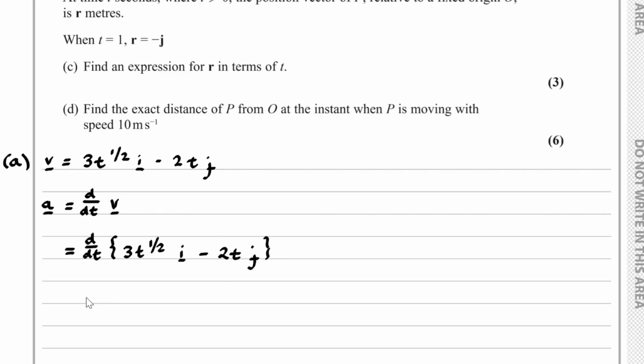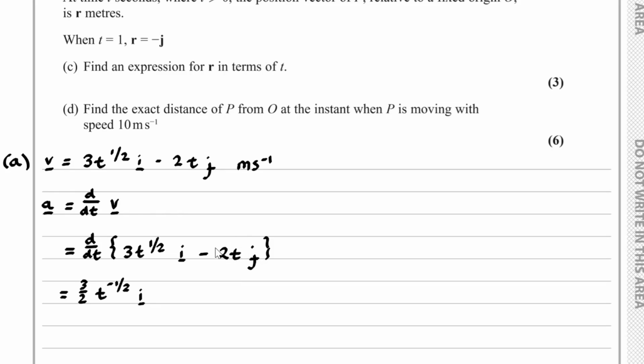And if we differentiate 3t to the power of 1/2, we end up with 3/2 t to the power of 1/2 minus 1, which is 3/2 t to the power of minus 1/2.